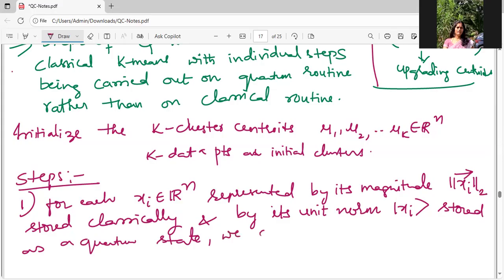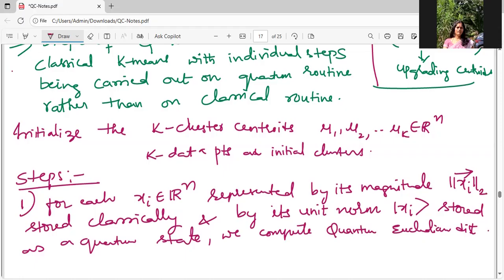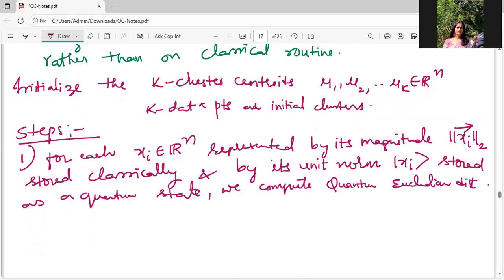We compute quantum Euclidean distance. Okay. I will write here just how to calculate quantum Euclidean distance.